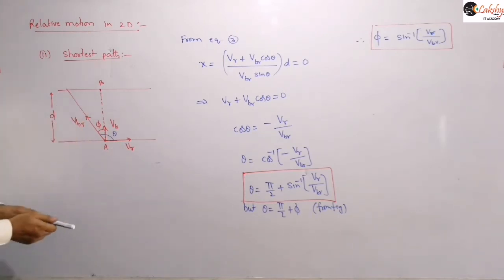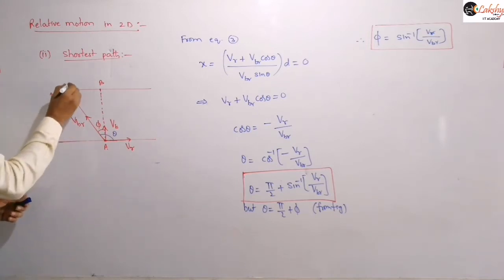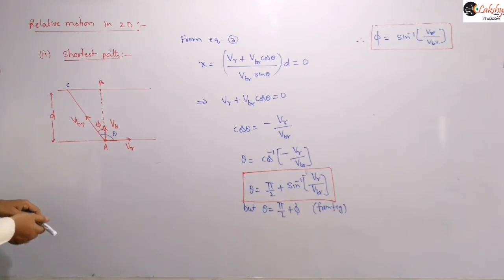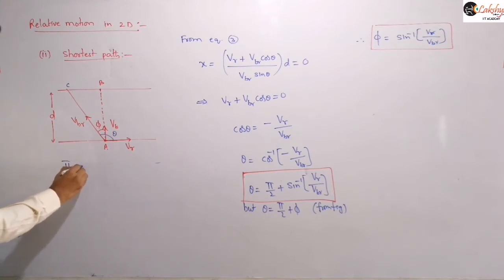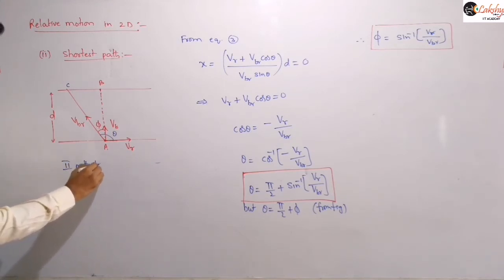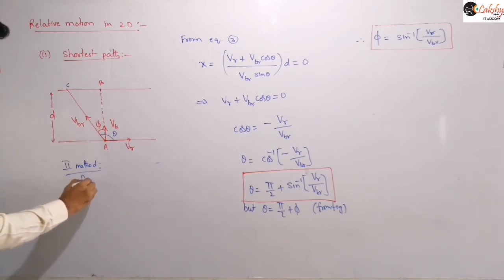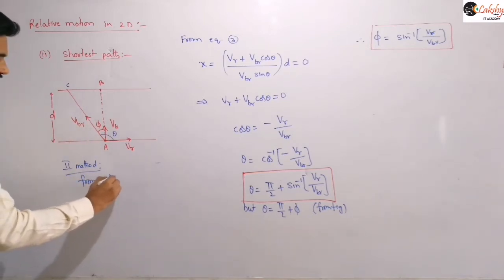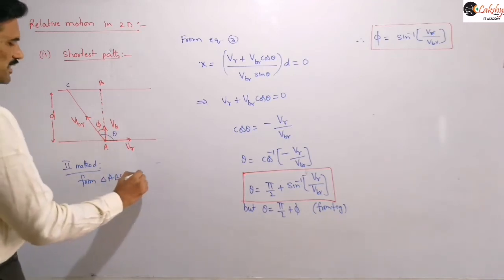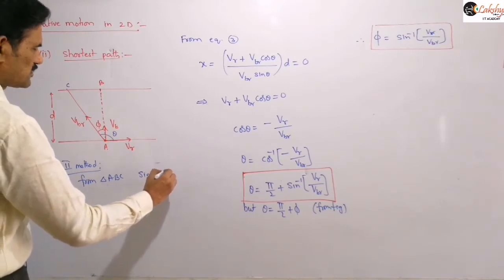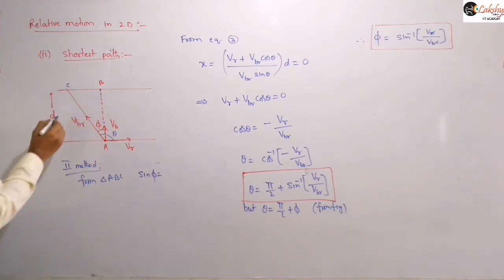So simply you can consider this triangle here. I am taking this triangle as ABC. If you take the triangle as ABC, then I am expressing this in the second method, simply by using this triangle. From triangle ABC, you can write sin phi is equal to the opposite side BC.